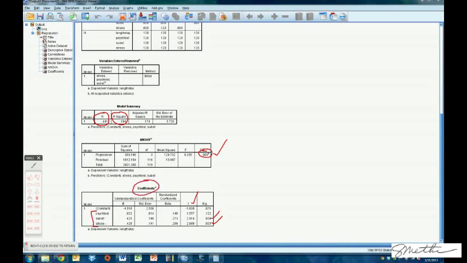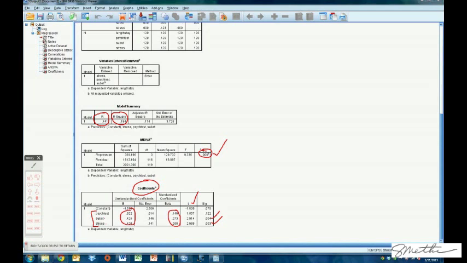And then I'm looking at the contribution of each individual predictor down here in this table, called your coefficients table. I'm paying attention mostly to these B values, and the betas are important as well, but not necessarily as important as taking a look at the significance to see which of the variables were better than the others.